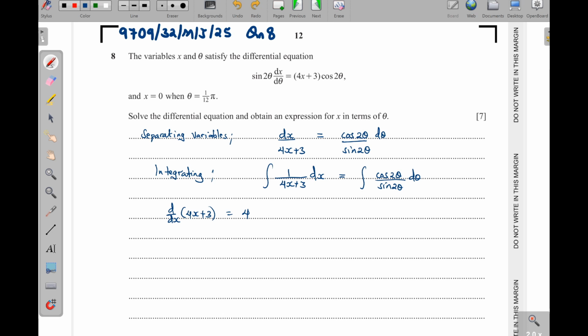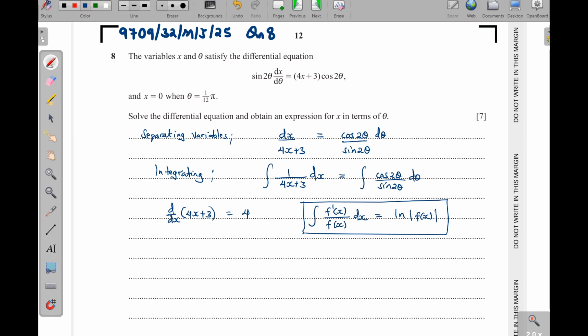Remember, if you are integrating and you're seeing that what you have in the numerator is the exact derivative of what you have in the denominator, okay? What you get is the natural log of the denominator. You get that? So this is what I'm going to have.